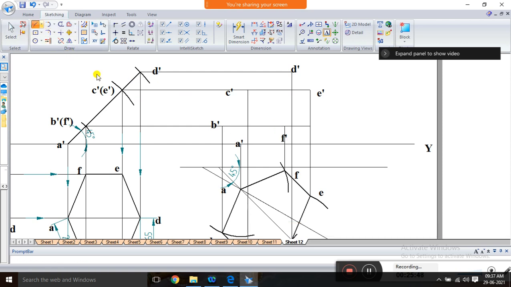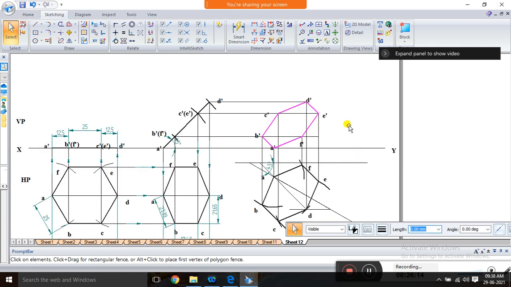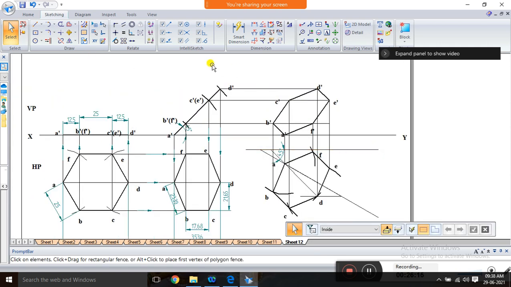And step by step you have to join from A to B, B to C, C to D, D to E, E to F, and finally F to A. And you have to make this a thick line. Yes, this is the final view, and you have to show the arrow mark.